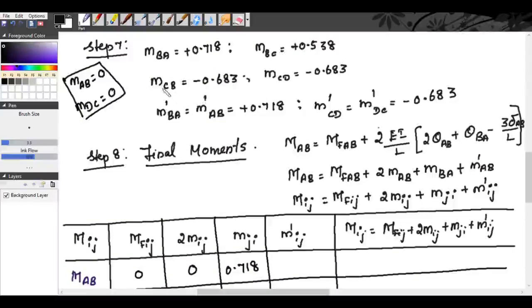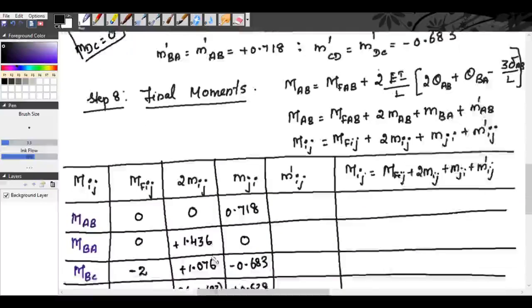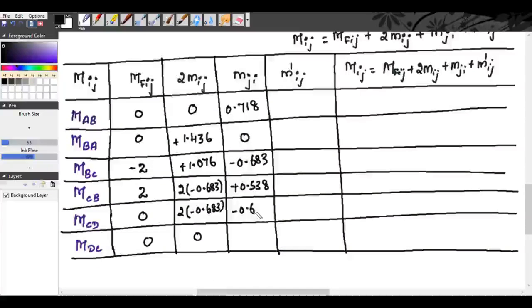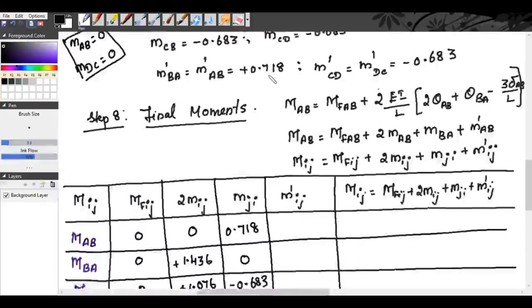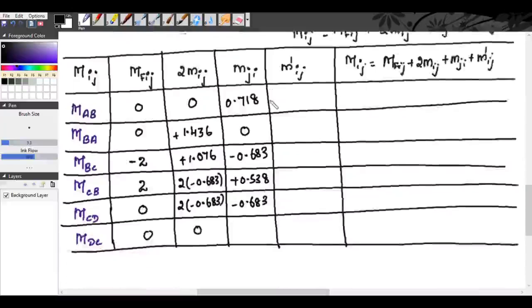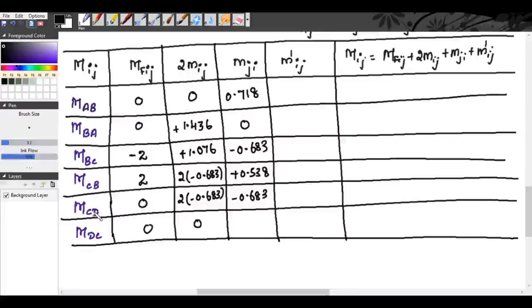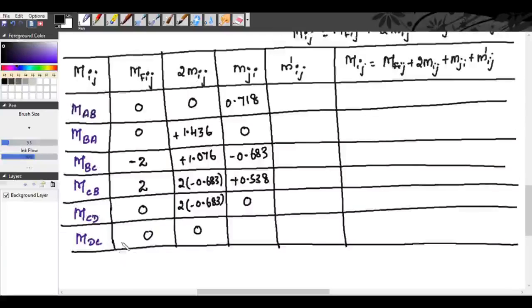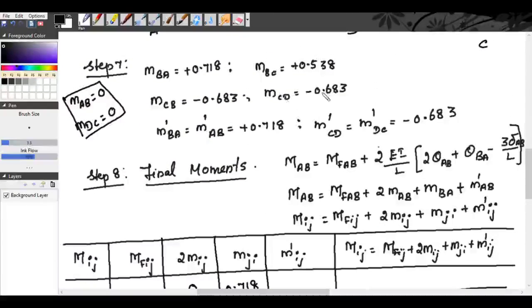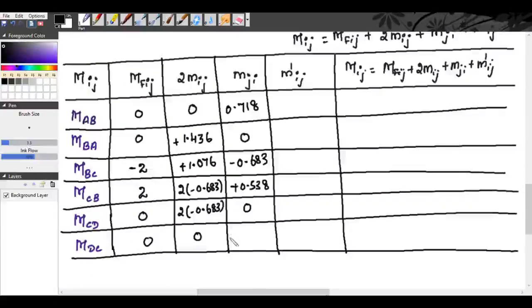MCD is minus 0.683. MDC is 0. MCD is minus 0.683.